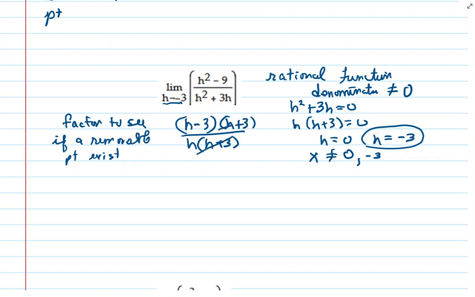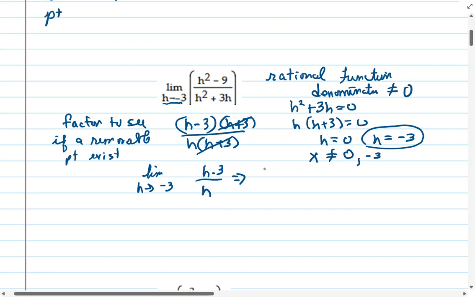When we do that, then our obstruction cancels. So we have a removable point at negative 3. So now we use the limit as h approaches negative 3 of h minus 3 over h, which gives us negative 3 over negative 3. Well, we're going to have a negative 6 divided by negative 3, so our limit is a positive 2.